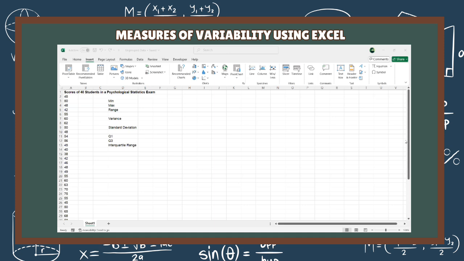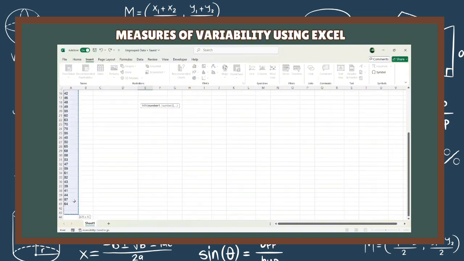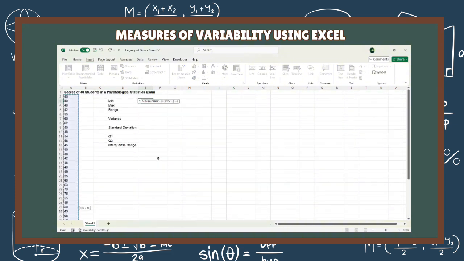To find the range, which is the difference between the maximum and minimum values, find the minimum first by typing equals min, highlight the data range, and then press enter.